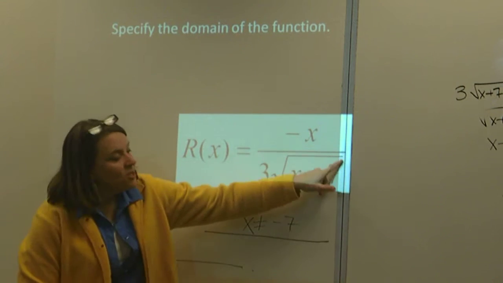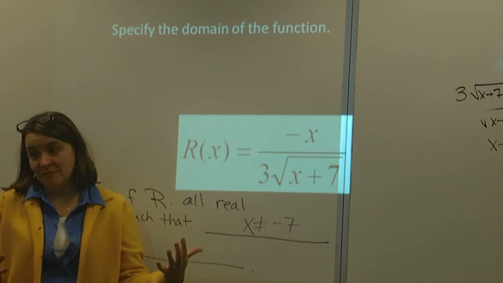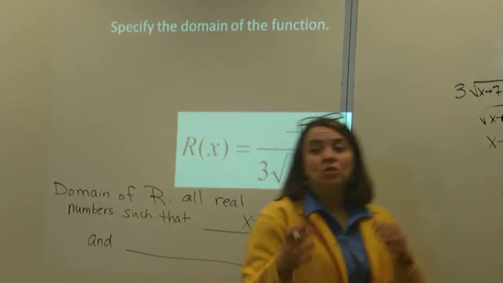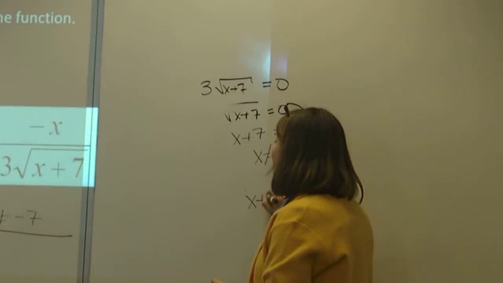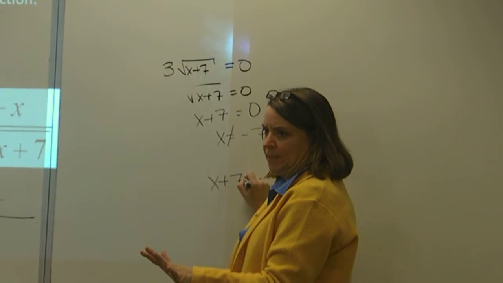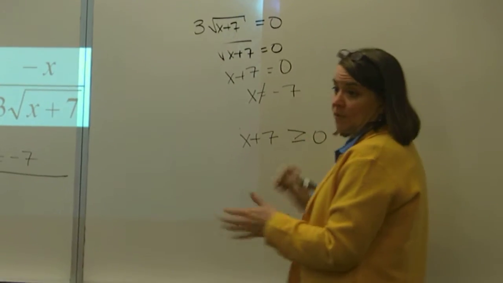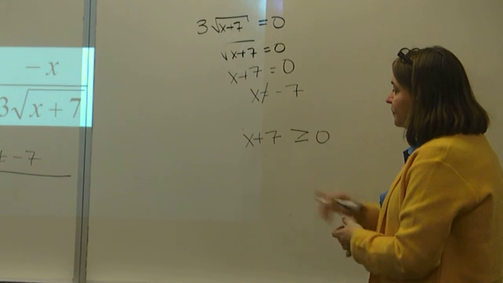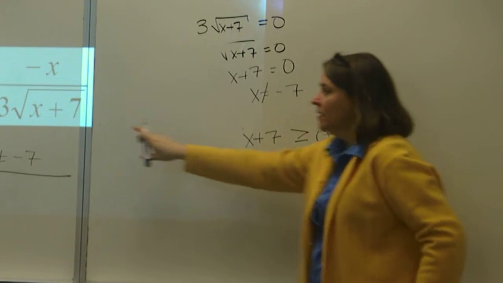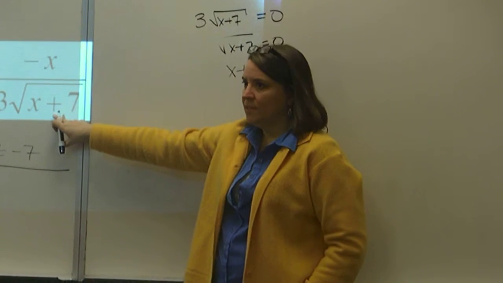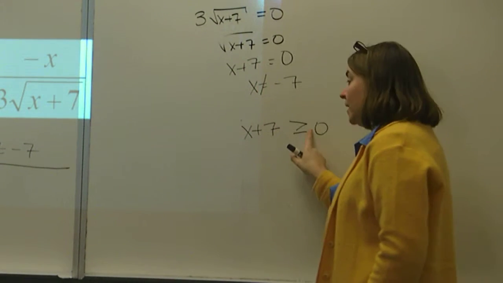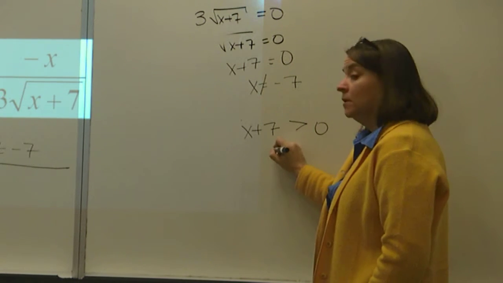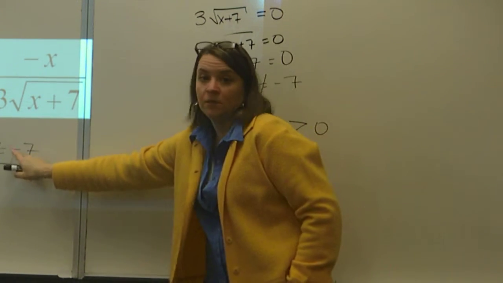And then this expression underneath the radical, we want it to be big enough so that we don't get a negative number. So you just take the expression that's under the radical, no matter what it is, and set it greater than or equal to 0. Now one detail here, you don't want it to be 0 at all, because it's in the denominator. We can go ahead and exclude that possibility. We've already excluded that here.